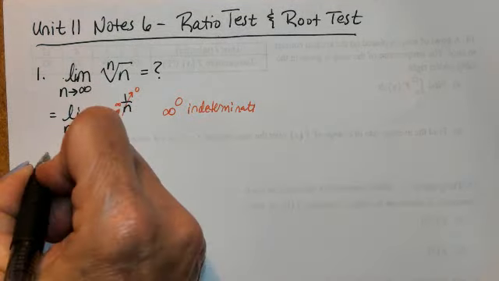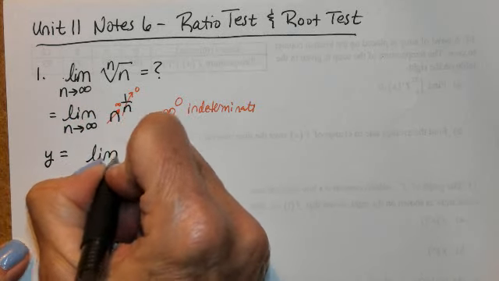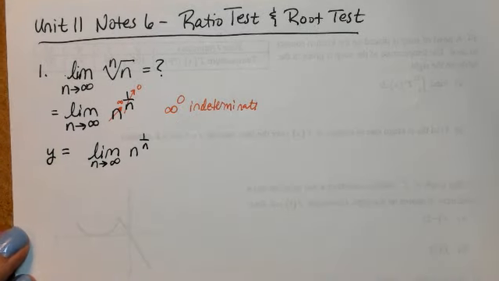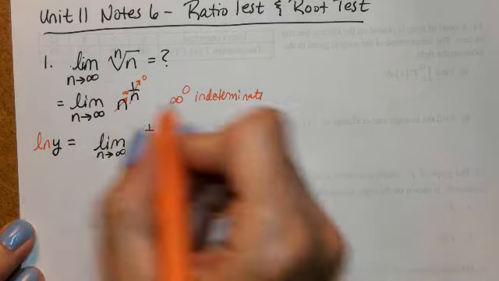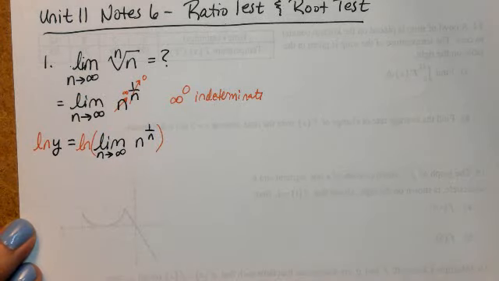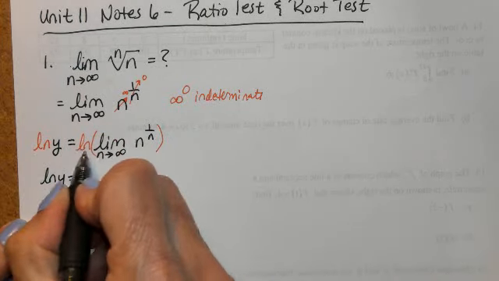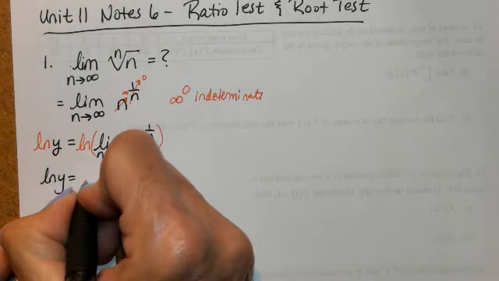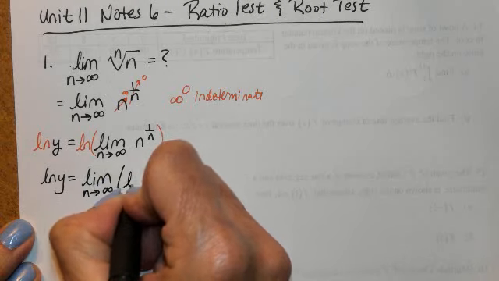Well, maybe you recall, we set y equal to this, and we take the natural log of both sides. You may or may not recall that the natural log of a limit is the same as the limit of the natural log.